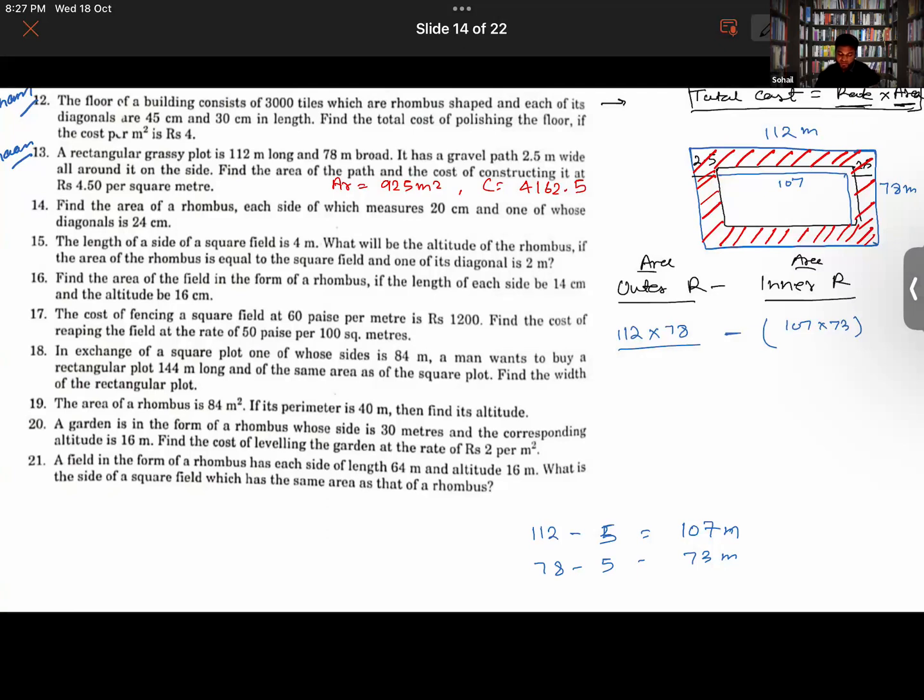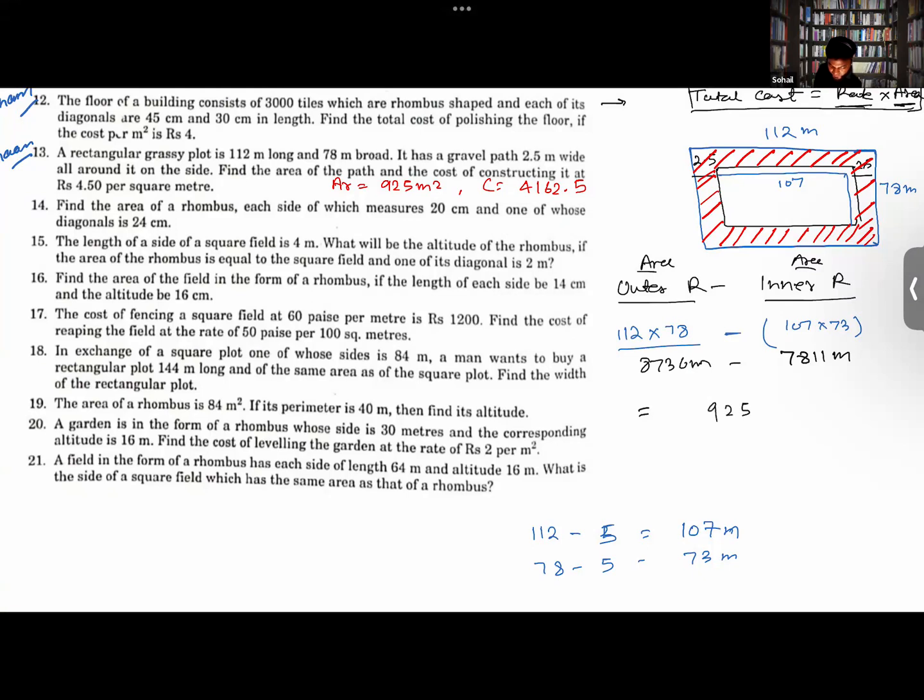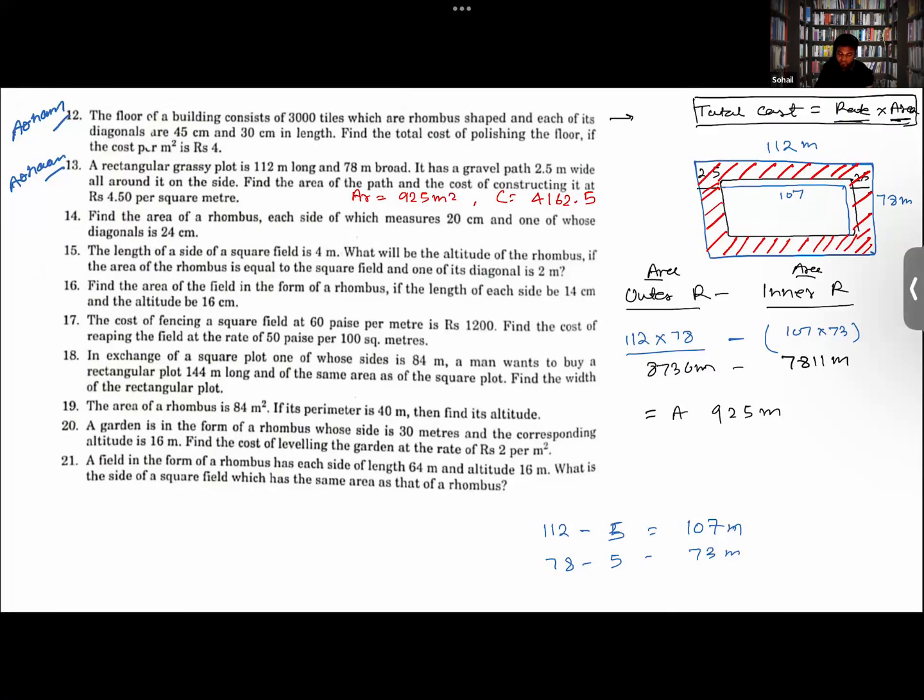So 112 into 78 equals 8736 meter square. Very good. And the inner area of the rectangle is 7811 meter square. When you subtract them, it will give you 925 meter square. So now we know the area of the surface.